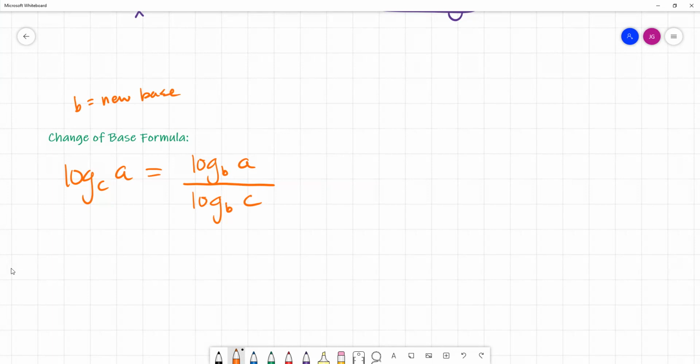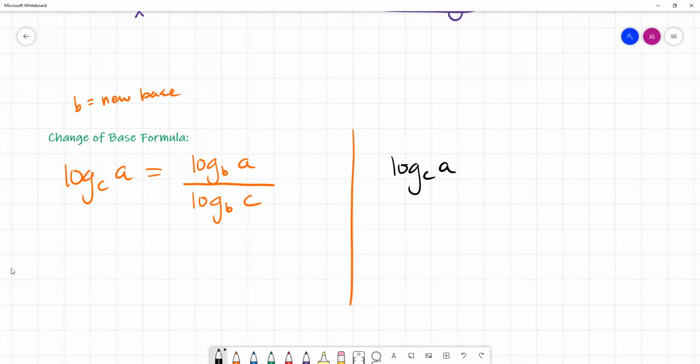And so strategically, how can we make this useful to us? Well, remember on our calculator, we only have log base 10 and the natural log. So we can format this in a way that is useful to me because now I can plug this into my calculator to figure it out. So if I have some log base c of a, c is the base and a is the input, and I don't like how they're related.